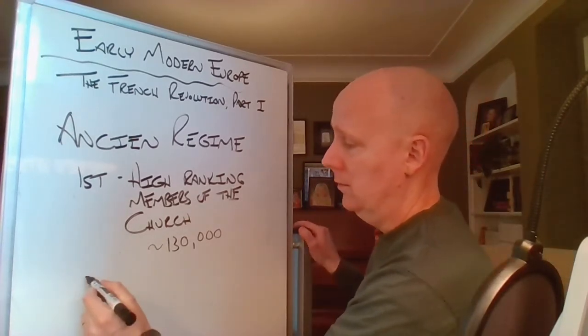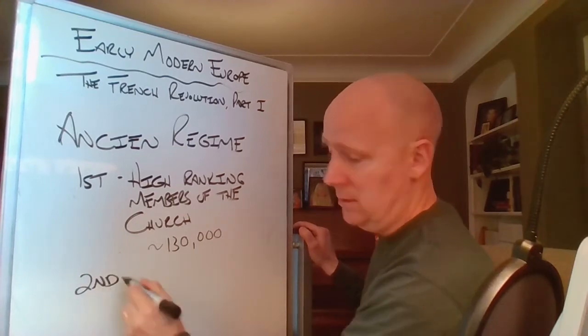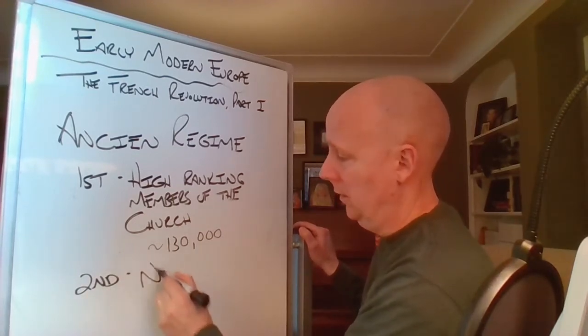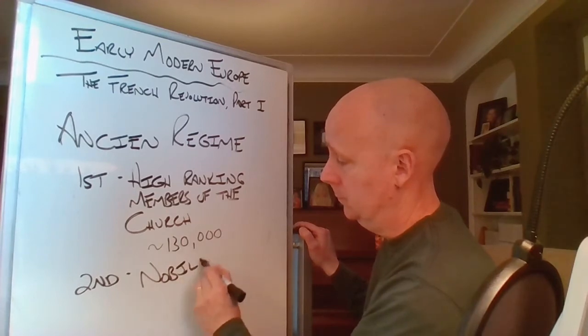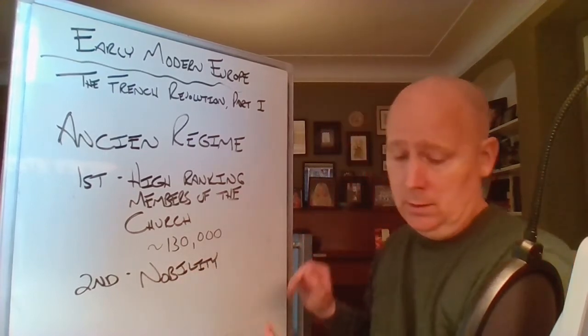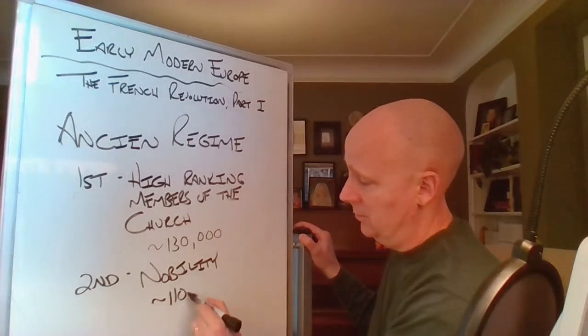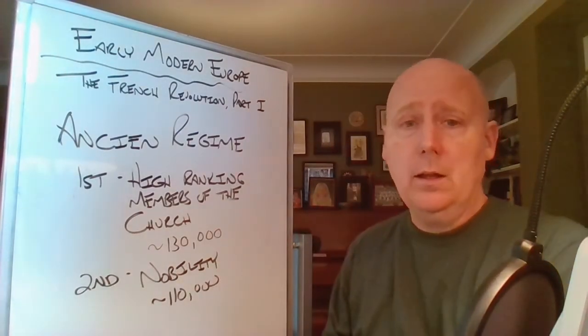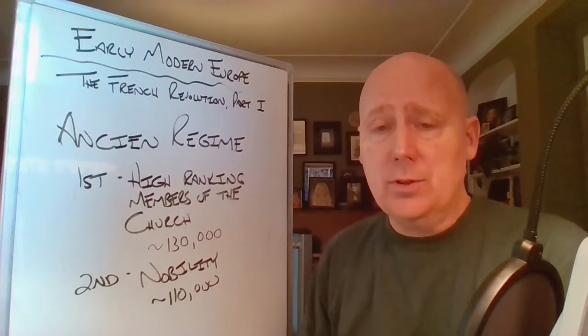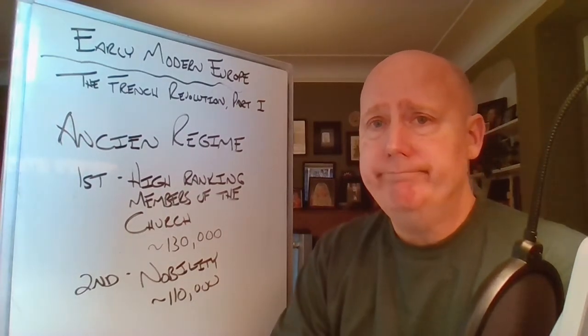All right, speaking of which, the second estate were the nobility. That's about 100,000, 110,000 people. These were the landed nobles.